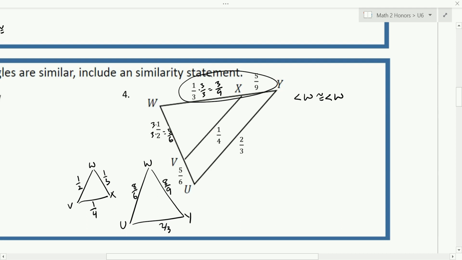So now we have our two triangles. If we want to use side angle side, what am I going to have to show here? That WV over what? WU is equal to what over what?